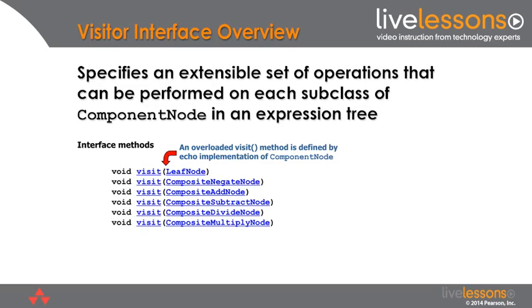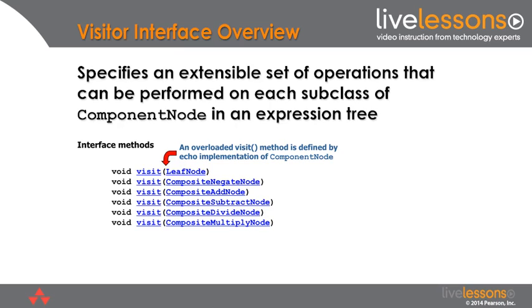So here's what the visitor interface might look like. We can specify an extensible set of operations that can be performed on each subclass of component node in an expression tree. And the interface essentially contains a visit method that takes as a parameter each of the different kinds of subclasses in the component node hierarchy.